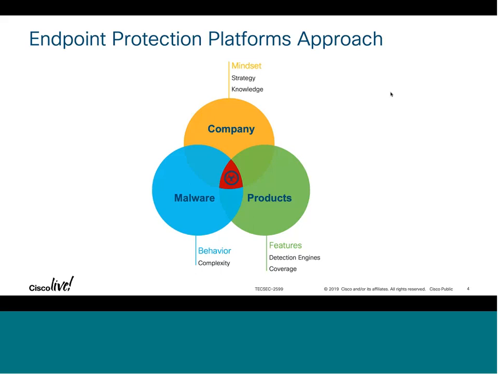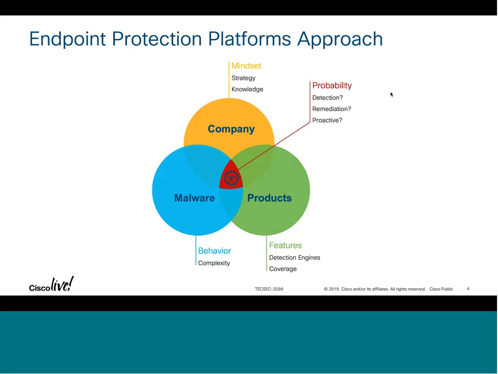On the other side, malware completely changed. When I started, approximately in the year 2000, the whole signature and engine was just 1.4 megabytes. It included the signature, the engine, all the stuff you need. Today malware is not just a file. Malware is more and more just malicious behavior.